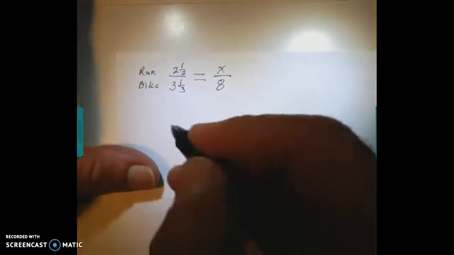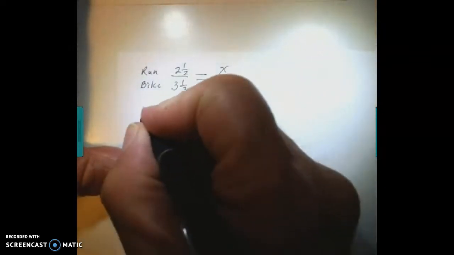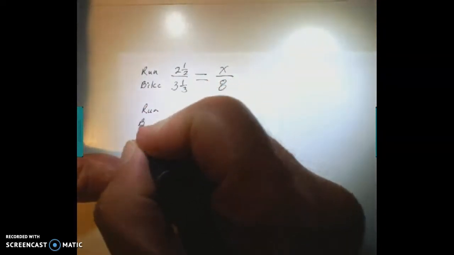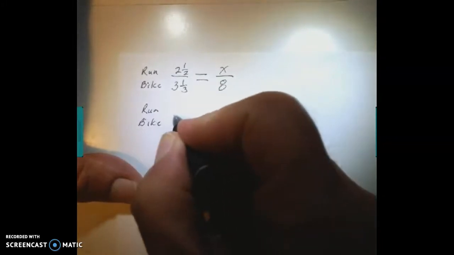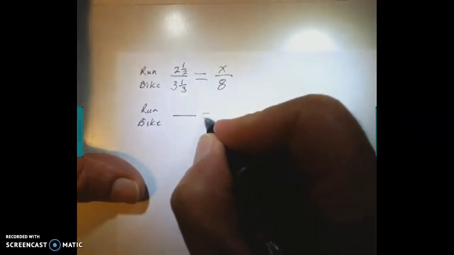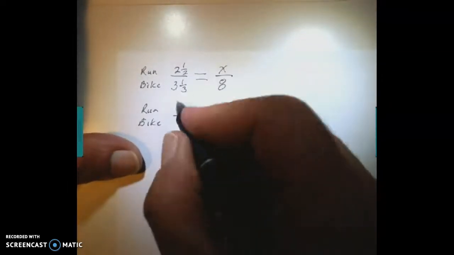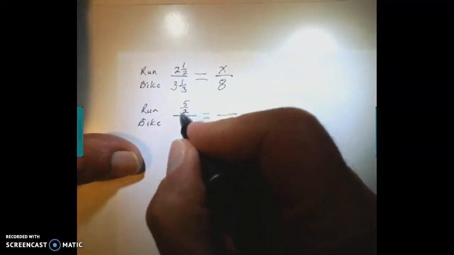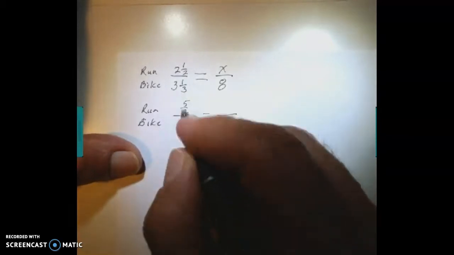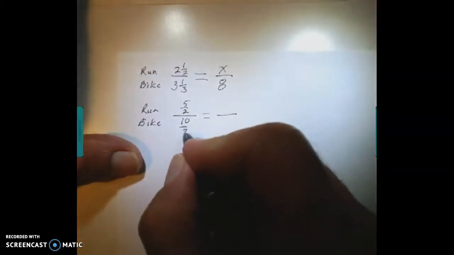So now, to solve it, again, it's going to be run over bike, and I'm going to change them to improper fractions or fractions greater than 1. 2 times 2 is 4 plus the 1, 5 halves. 3 times 3 is 9 plus the 1, 10 thirds.